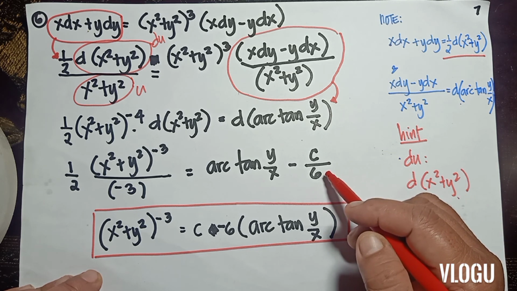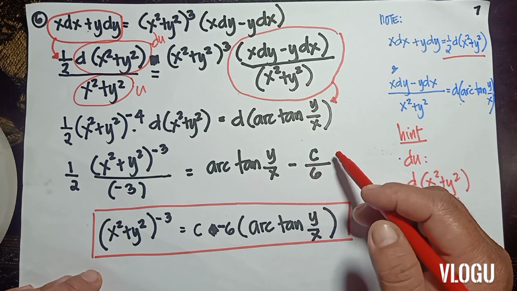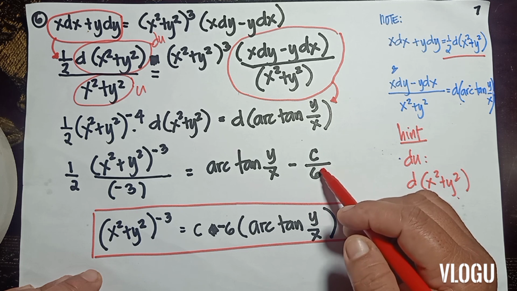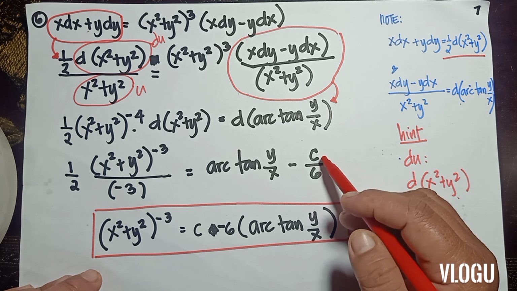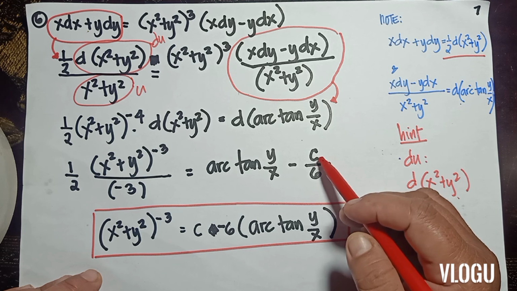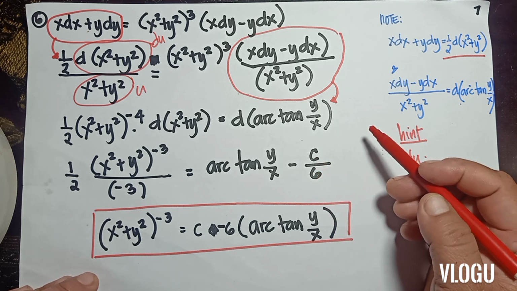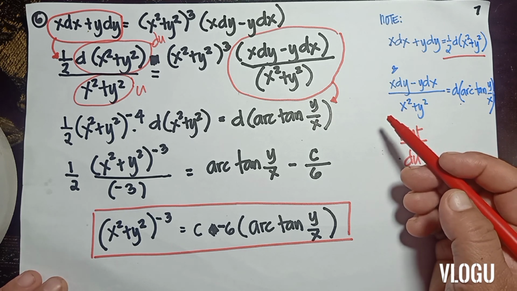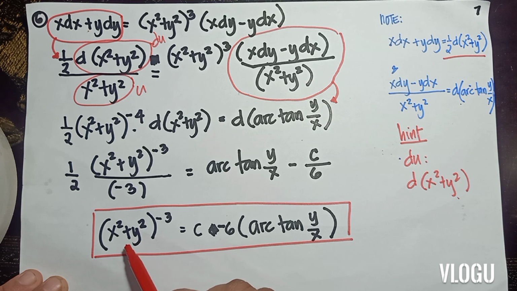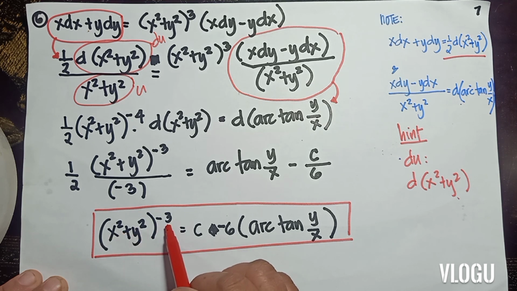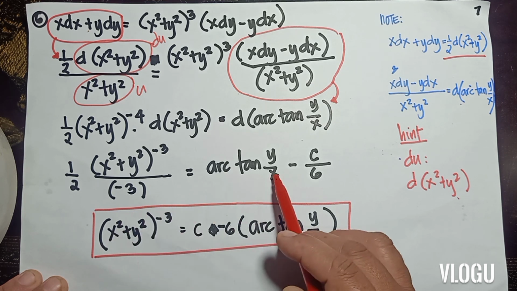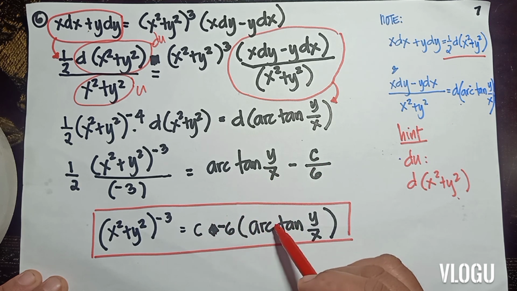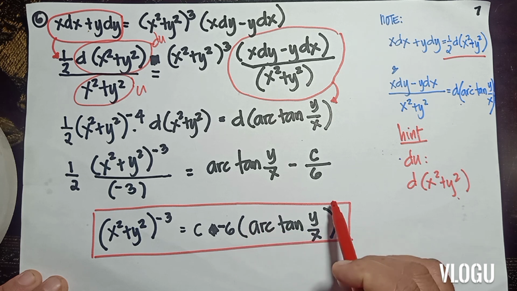That is negative 6. So you can use plus c over 6, or you can have minus c over 6. So therefore, LCD, negative 6. So therefore, you will have x squared plus y squared to the negative 3. Then, c minus 6 arctan y over x.